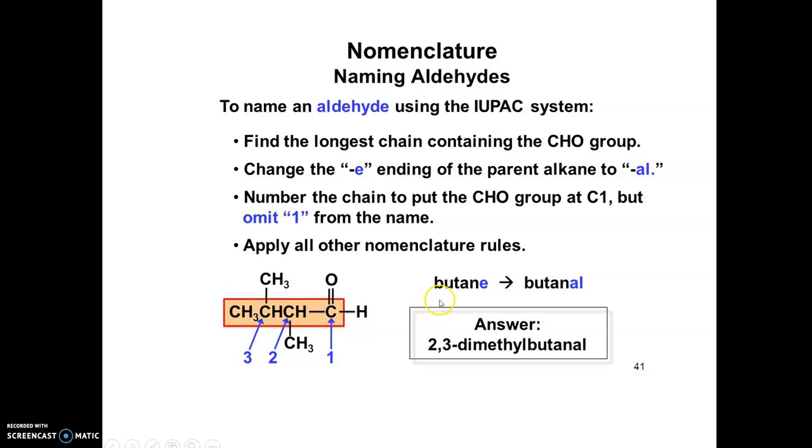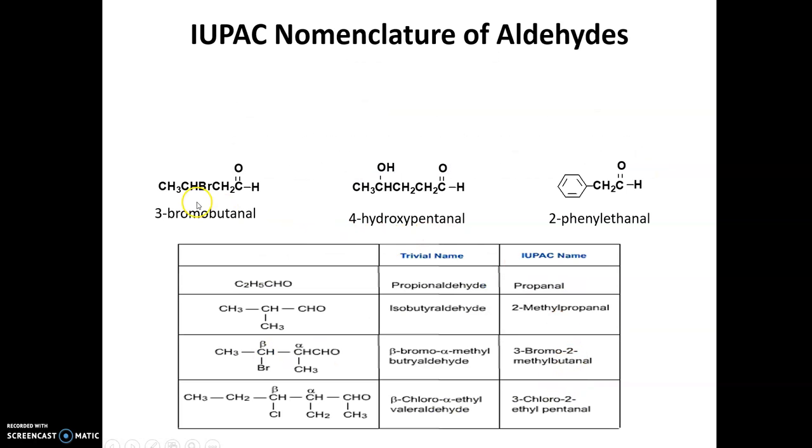So the parent name will be butane, and E is going to be replaced by Al. Apart from that, we have additional substituents on the second and third carbons, and they are methyl. So we add them as a prefix, and we name this compound 2,3-dimethylbutanal.